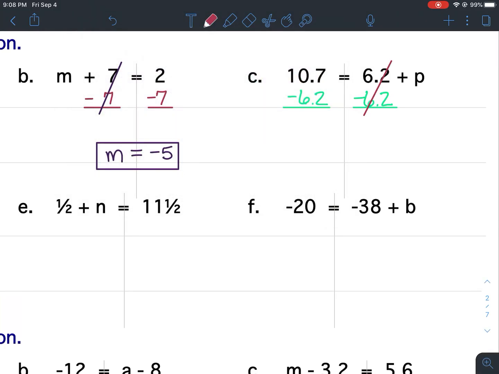I'll cancel out that. Bring down my equal sign, keeping it lined up. Now the p started on the right, it's going to stay on the right. And 10.7 minus 6.2 is 4.5. So my solution for this problem is 4.5.